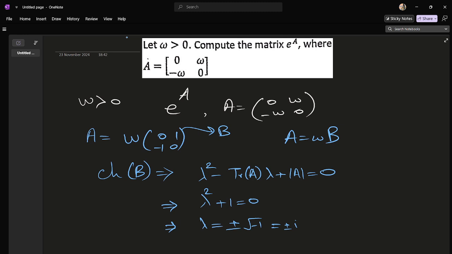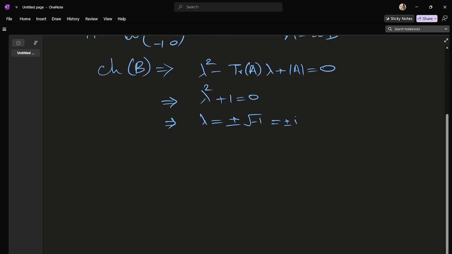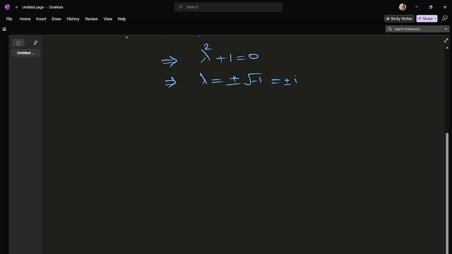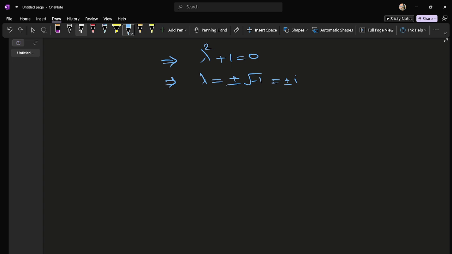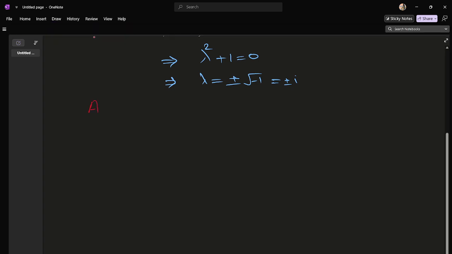Now the eigenvalues of A are i omega and minus i omega.